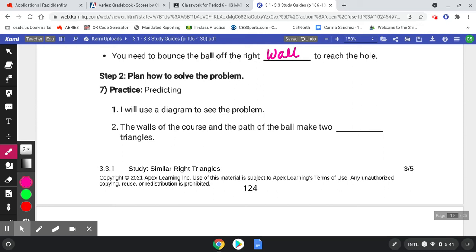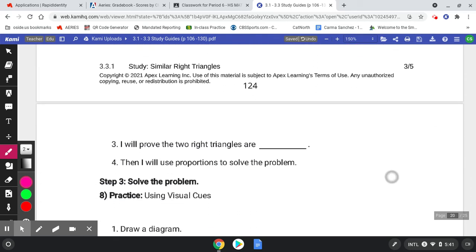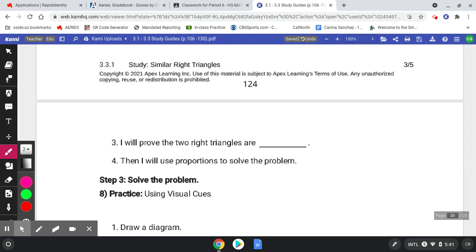The walls of the course and the path of the ball make two right triangles. So again, we have to tie this in somehow to right triangles. I will prove that the two right triangles are similar, so then I can use proportions to solve.